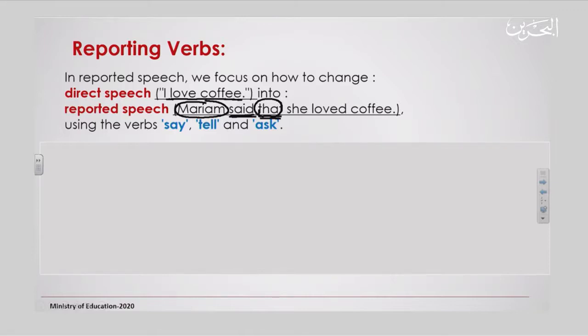After that, you should write the pronoun. So Maryam, she refers to Maryam, plus the verb loved and coffee. So the sentence will be, Maryam said that she loved coffee.